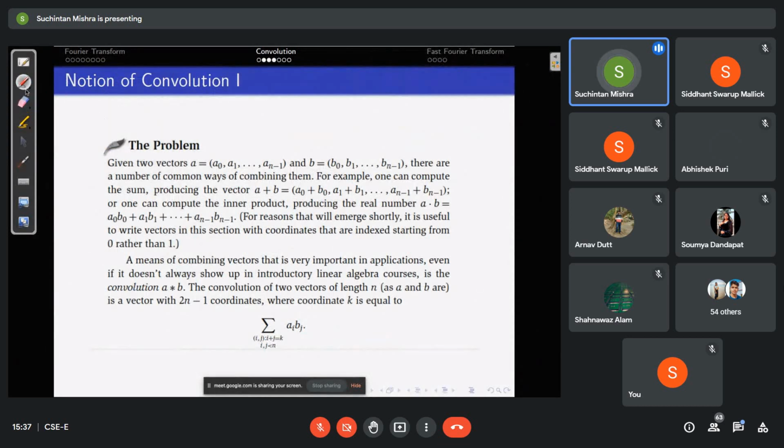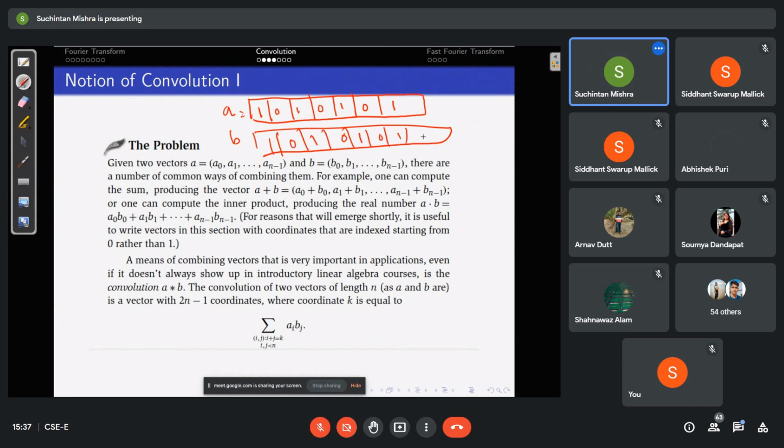Now we have understood that the signal is represented as a set of points. This is my A. Similarly, B is also represented as a set of numbers, or these are bits.